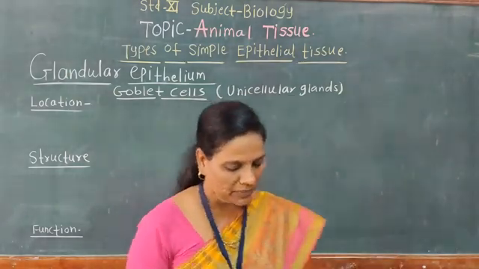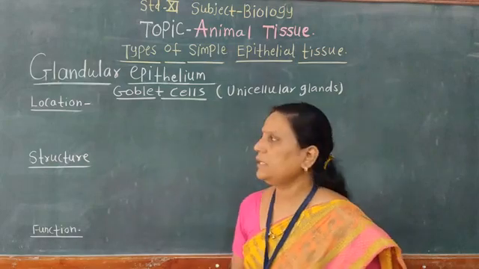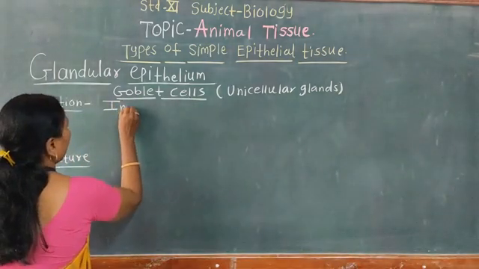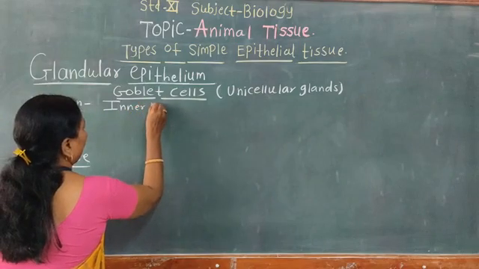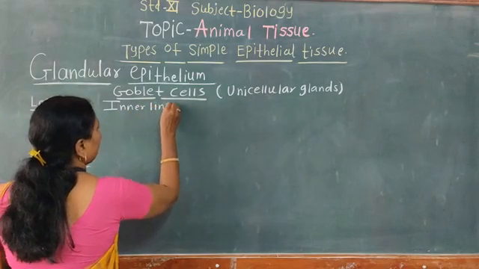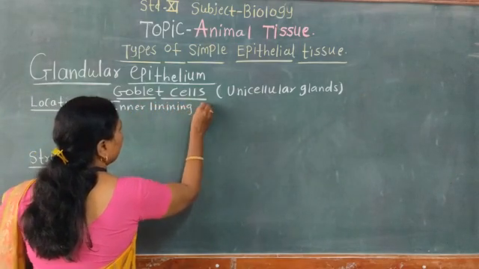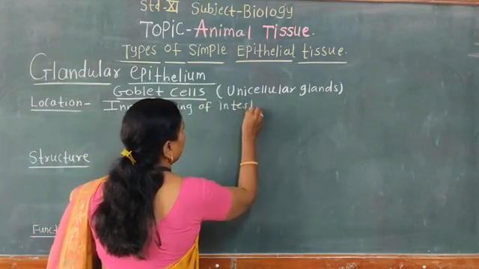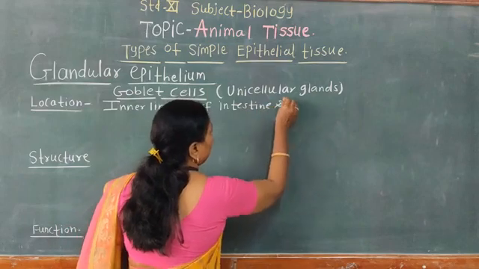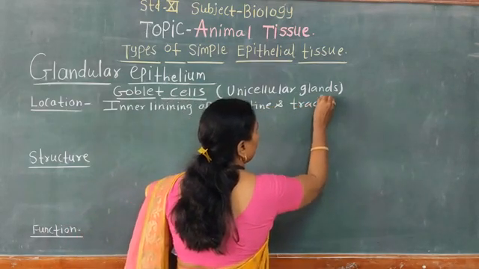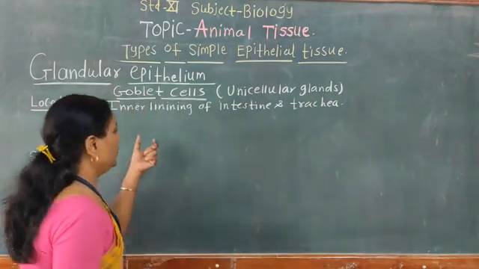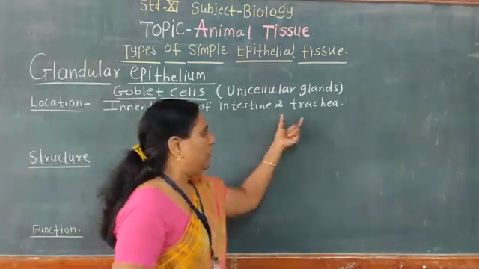Now where are the unicellular glands present? They are mainly present in the inner lining of the intestine, and also in the trachea.